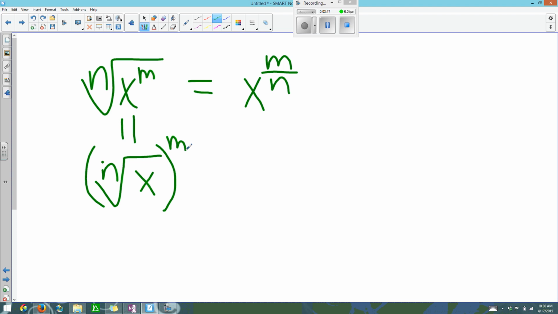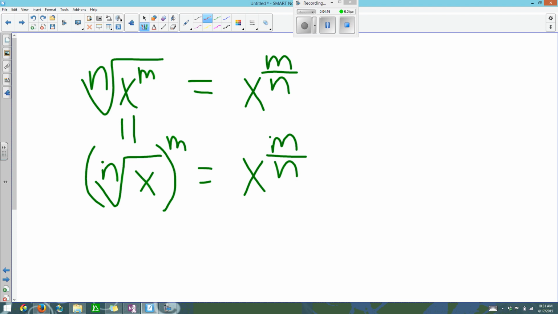And this expression also means x to the m over n. See your little triangle-ish. So this you can rewrite as this. Both expressions mean x raised to the m over n.